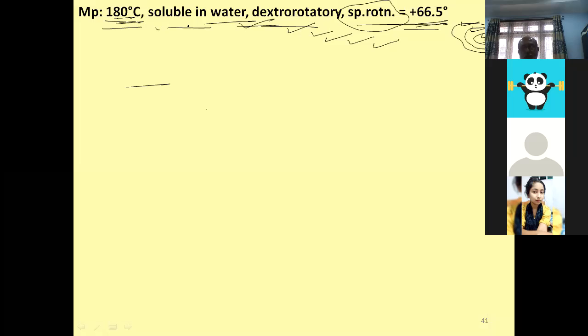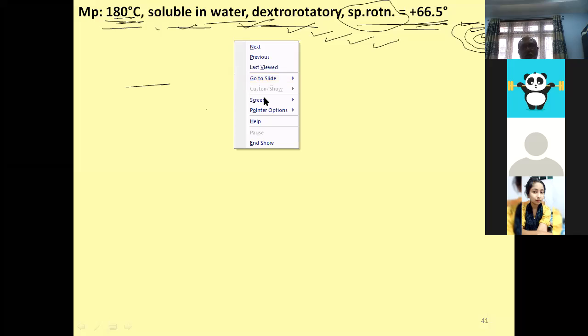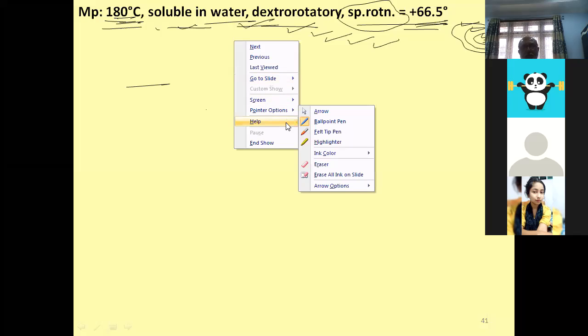After sugar has just become brown, you remove the flame, let it cool down, and you will get a thick brown syrupy liquid. So that is your caramel. When it solidifies, it is not charred sugar. It is not burnt out, but it is converted to something different, having a different flavor, different color.